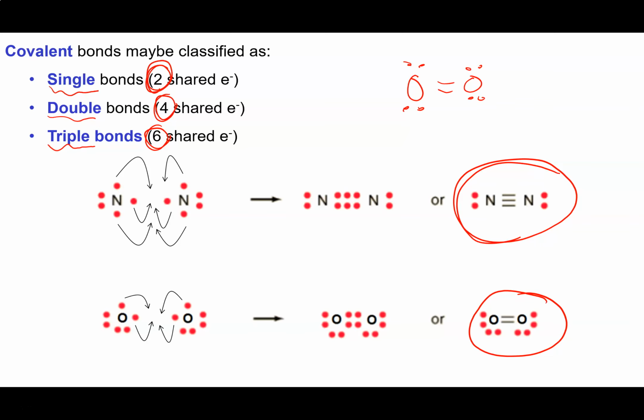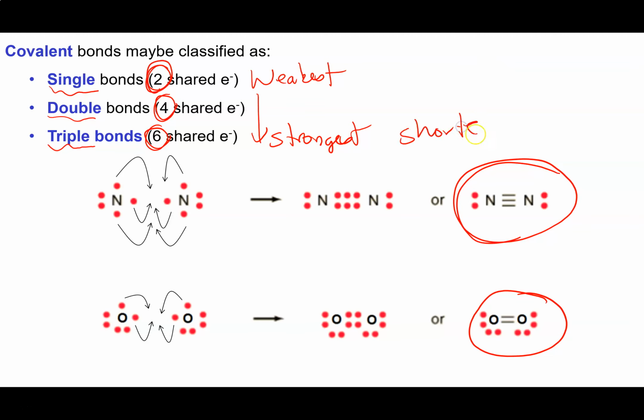So what I should point out is that the weakest of our bonds are our single bonds, and the strongest of our bonds are our triple bonds. But if we look at the length of the bonds, as bonds get stronger, they get shorter. So that's worth keeping in mind. We're going to come back to that later. So stronger equals shorter, weaker equals longer.